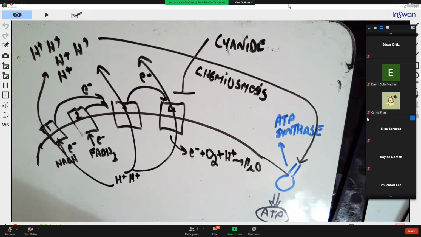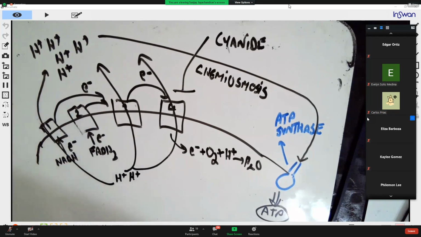So let's go to another question. And after this, we're going to talk about photosynthesis a little bit and stop. Okay. Let's write this down: cyanide blocks complex 4 and stops ATP.